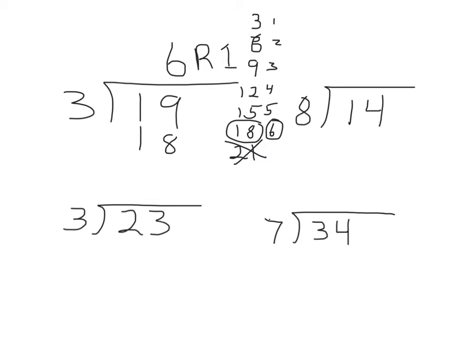If I showed that in division here, I'd say 6 times 3 is 18. I would subtract and I have a remainder of 1. Another way to show this is if I have 19 and I put it into groups of 3, I could go 1, 2, 3, 4, 5, 6, 7, 8, 9, 10, 11, 12, 13, 14, 15, 16, 17, 18.